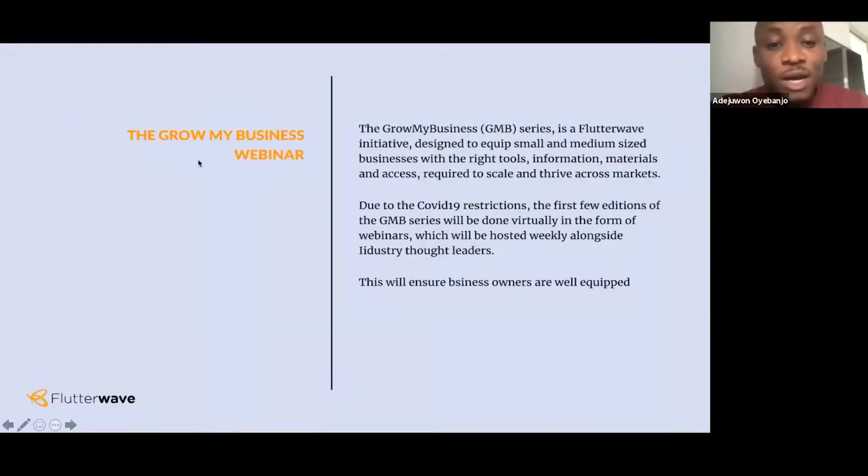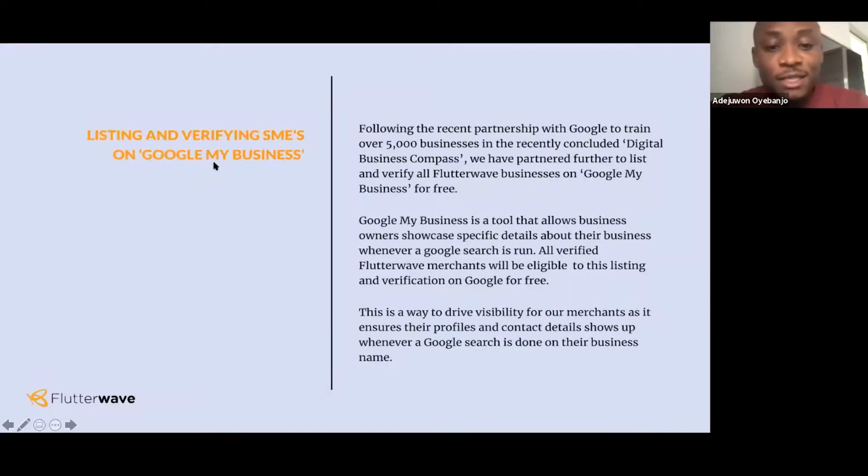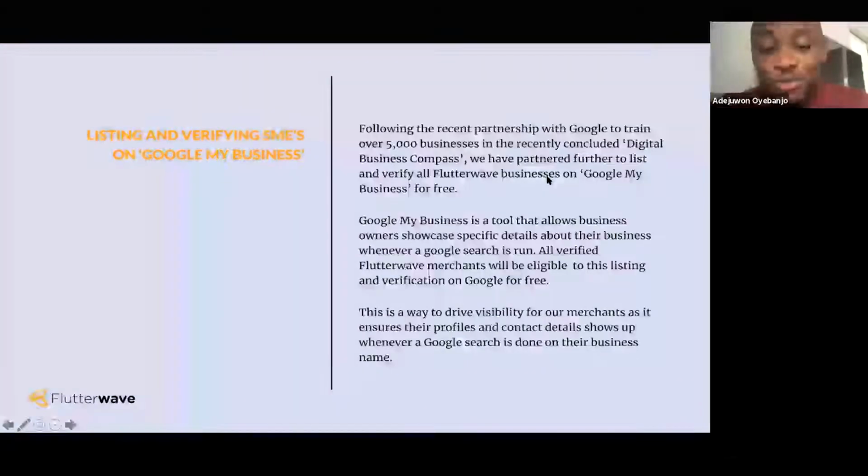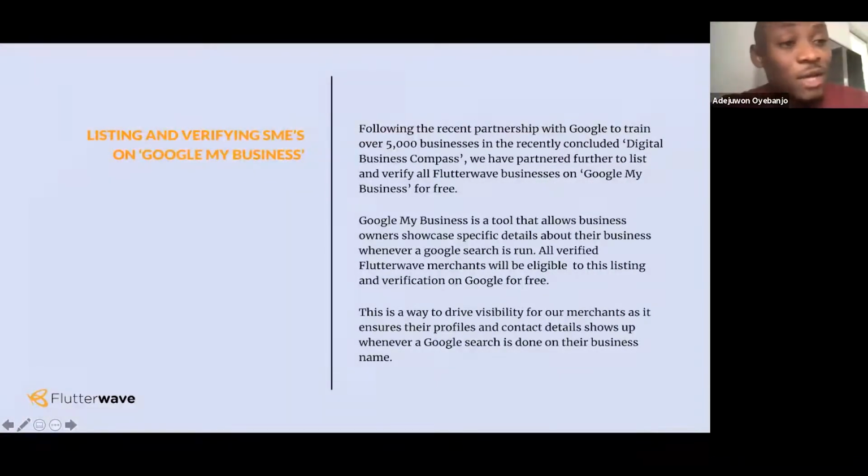The third of our initiatives is the listing and verifying on Google My Business. It is another initiative that's happening because of the Flutterwave Google partnership. This allows businesses to list their businesses for free on Google My Business.